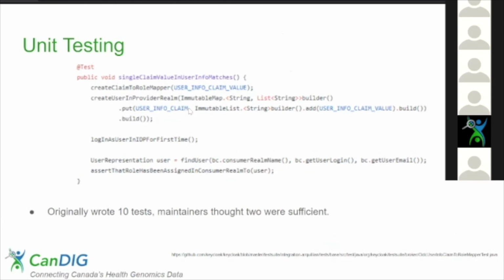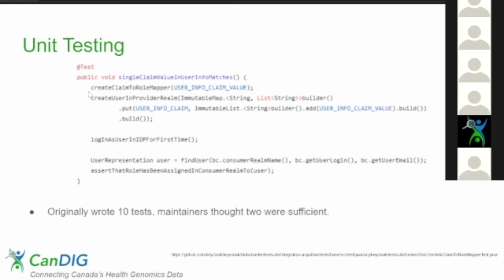So if you are doing broker testing in Keycloak, rather than creating entirely new Keycloak instances, you can use different realms within Keycloak, for one to act as an identity broker for another one.